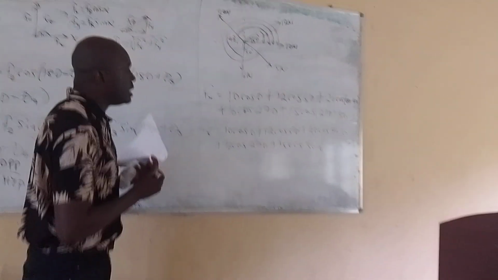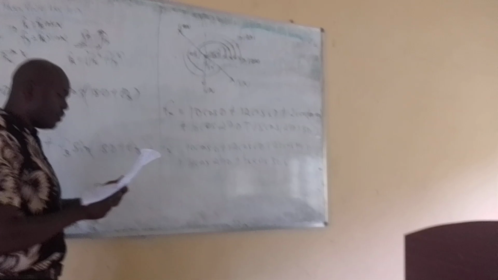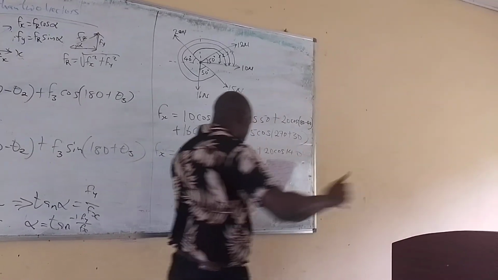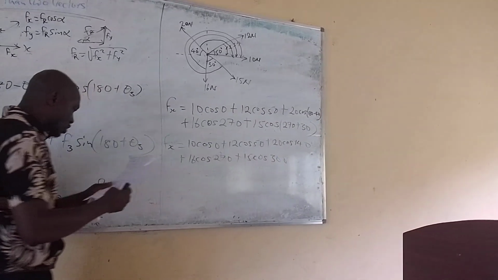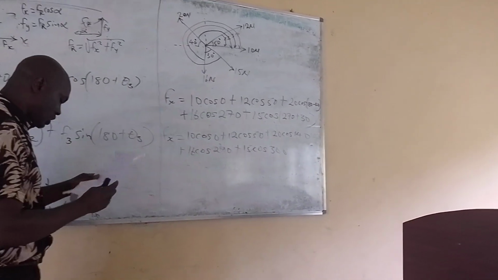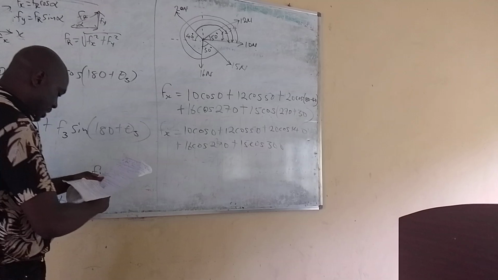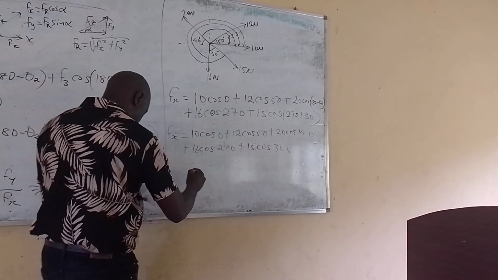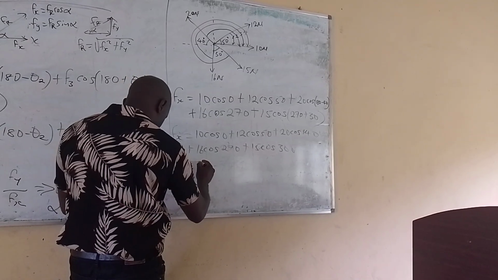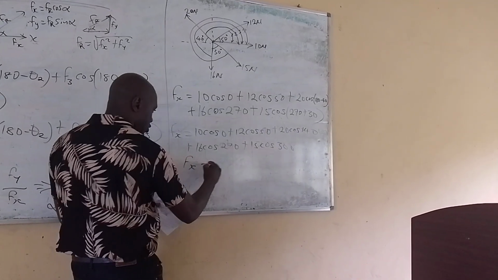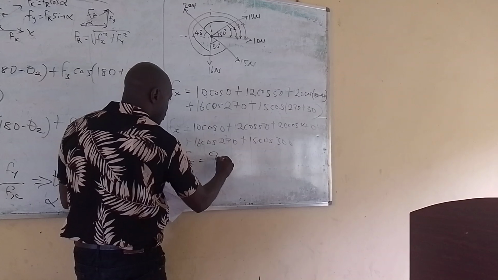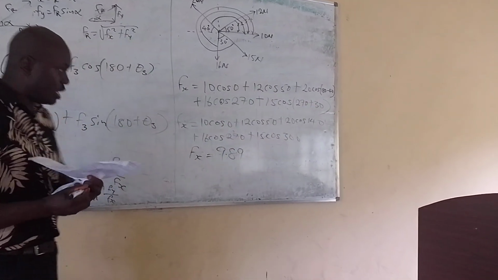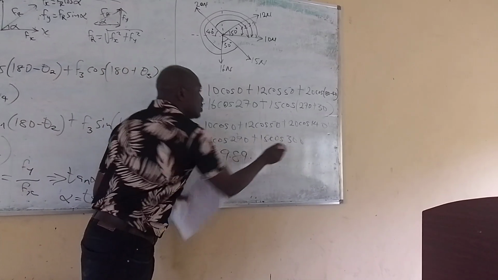Now, if you press all these together, it will give us a value, right? If I press it, it gave me something like this from F of X. Everything is going to give me F of X to be equal to 9.89 point something something in the calculator, okay?